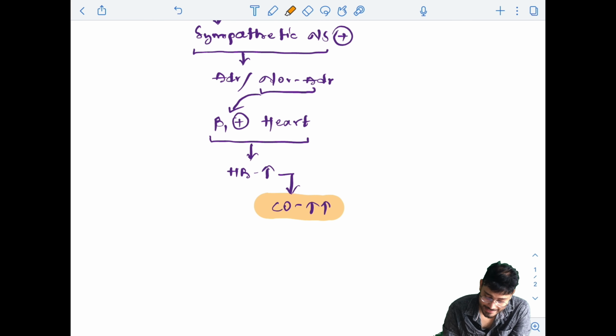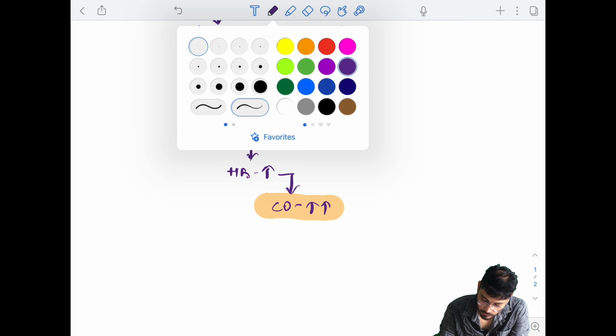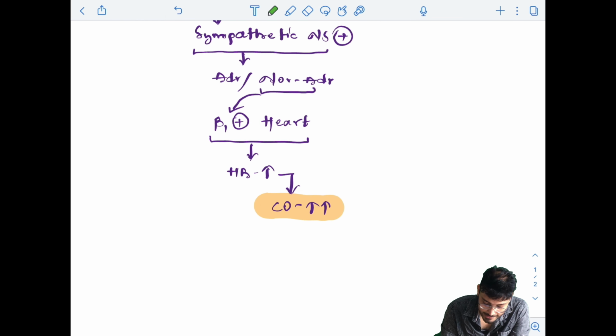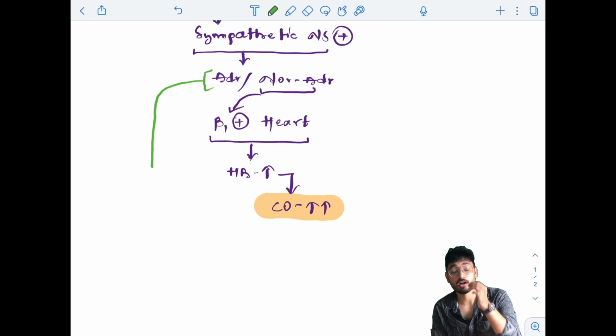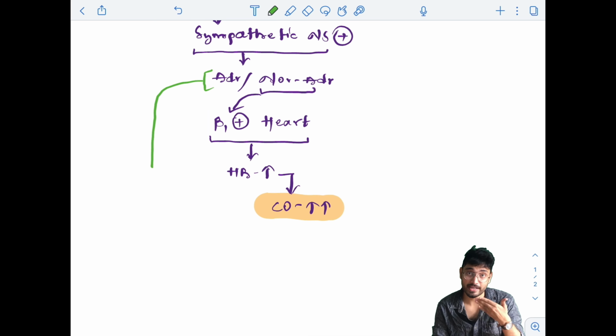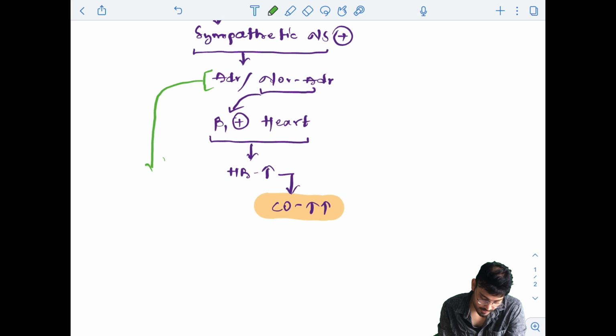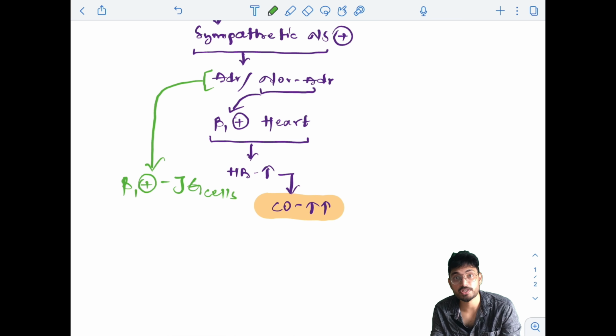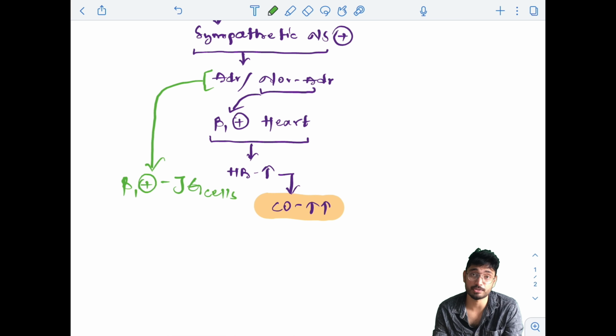The released adrenaline and noradrenaline not only act over the beta receptors of the heart, but also act over the beta 1 receptors over the JG cells. What happens if the JG cells are activated via the beta 1 receptors?